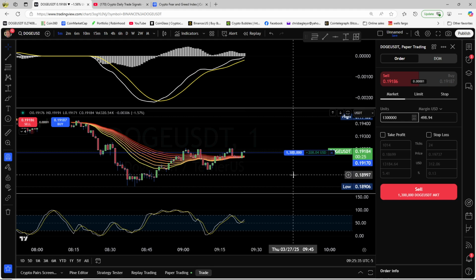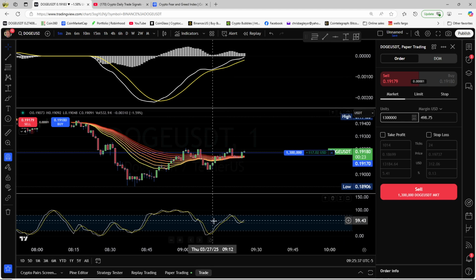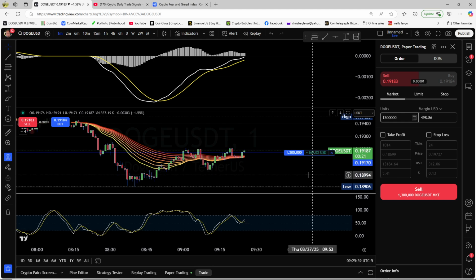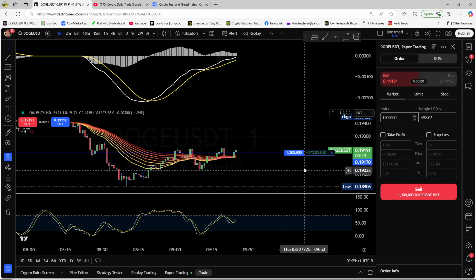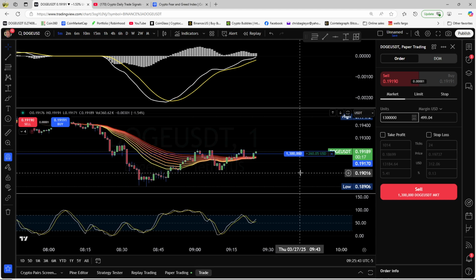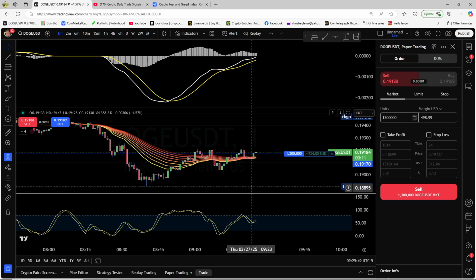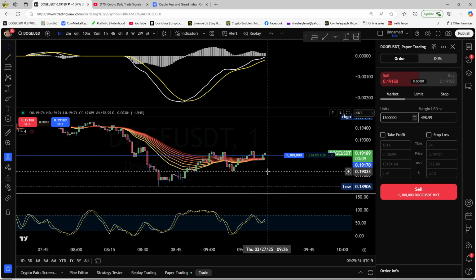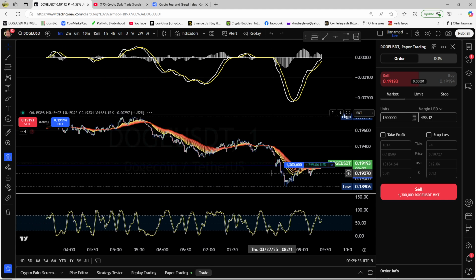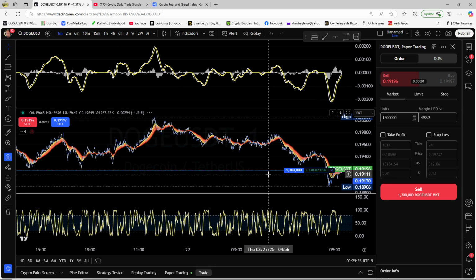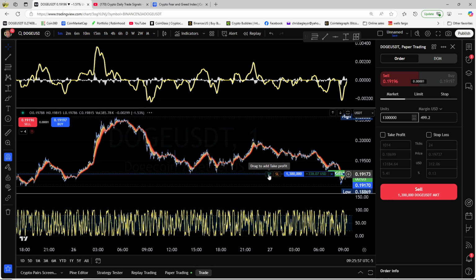I'm not a financial advisor, but I know how to read my charts. Took a little bit of practice to learn this, but even on the 1 minute time frame, you can kind of see if I scroll out here, we're kind of in a range.